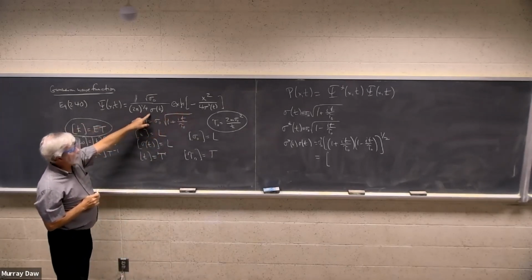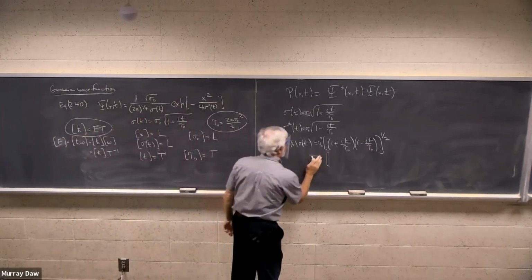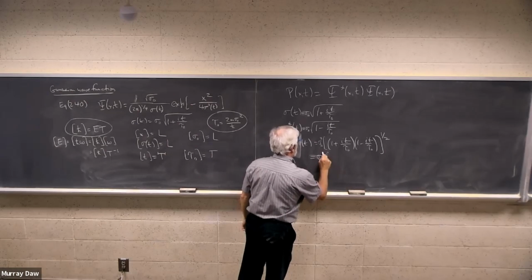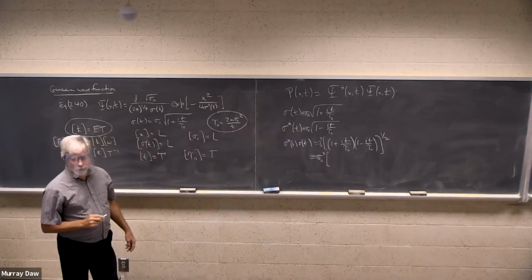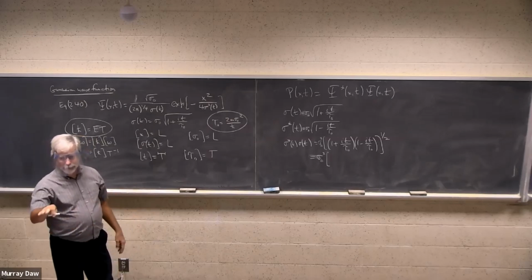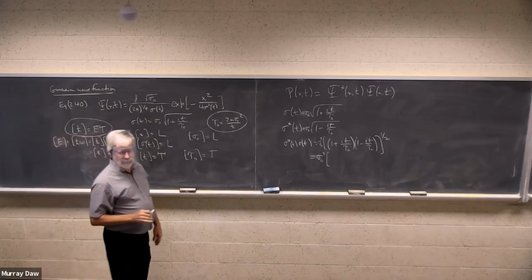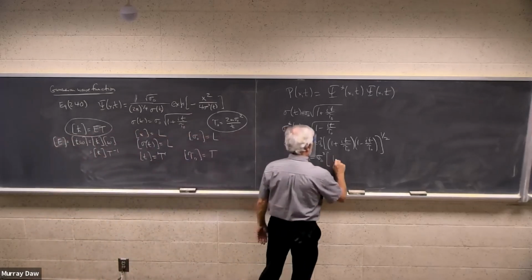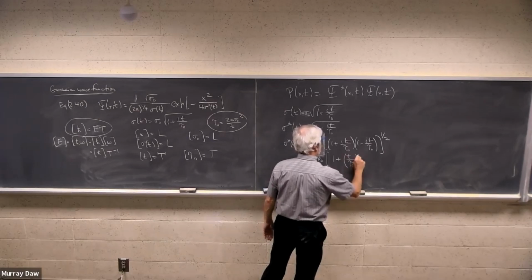So what is this? It's just multiply it by its complex conjugate. Multiply it out. Yes, t squared over tau naught squared.